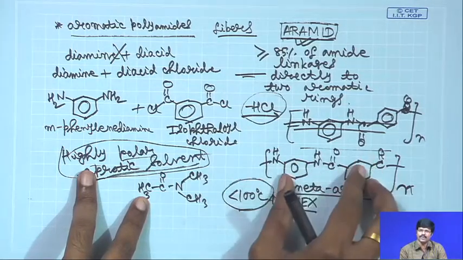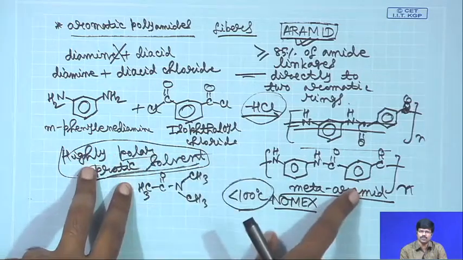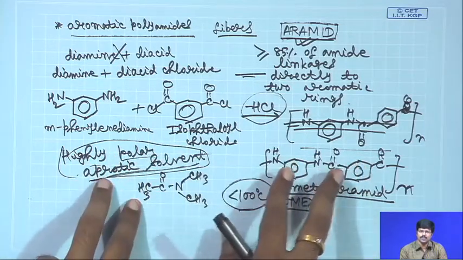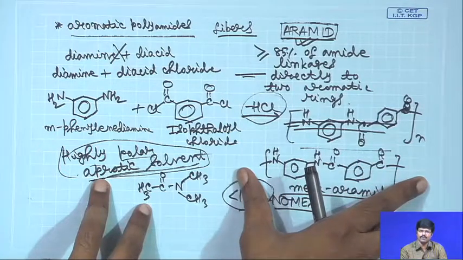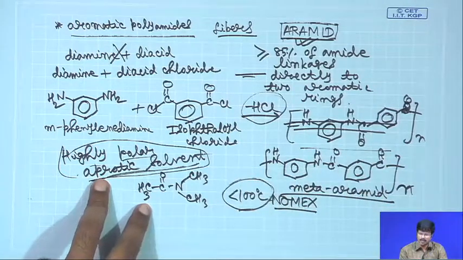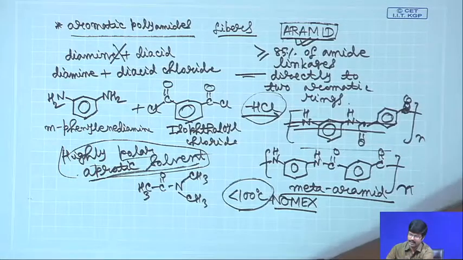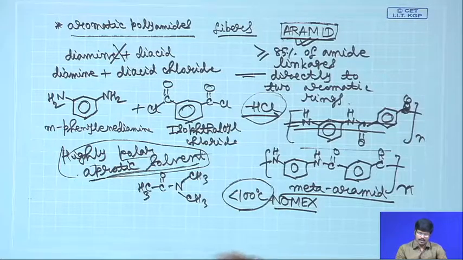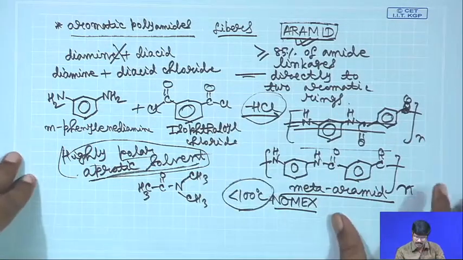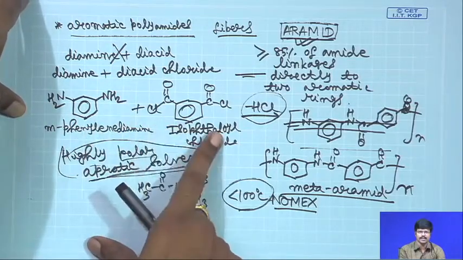In order to stop that situation, you are using a highly polar aprotic solvent in which it has good solubility, and that is why it does not prematurely precipitate out before you have reached a chain which is of long enough length, that means high enough molecular weight. So, because the temperature that you are using here is much lower than the temperatures that you use for your aliphatic polyamide synthesis.